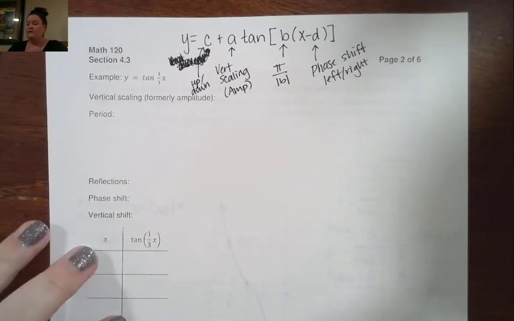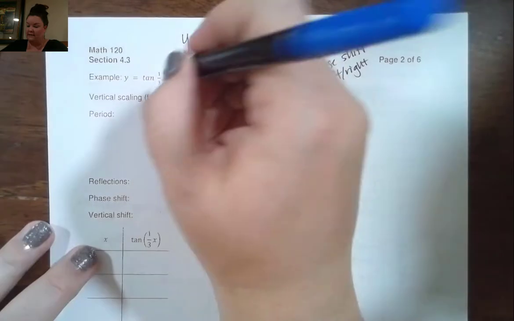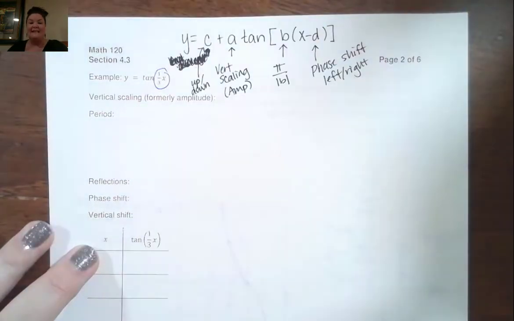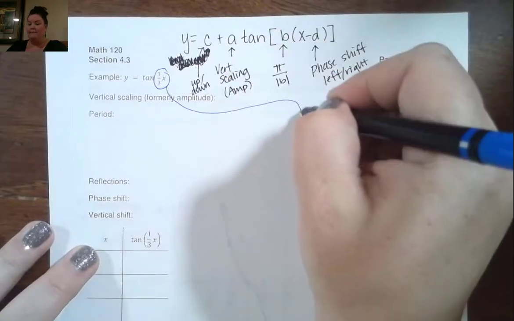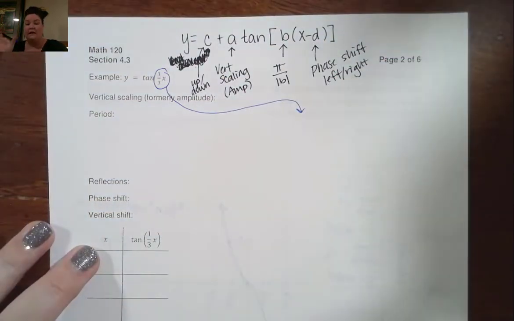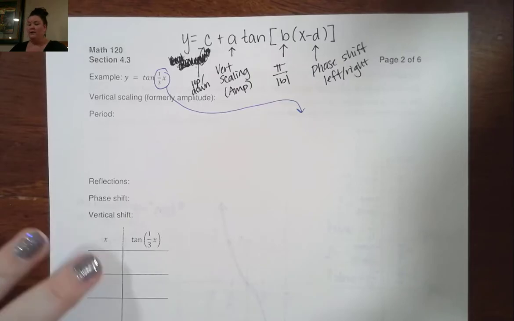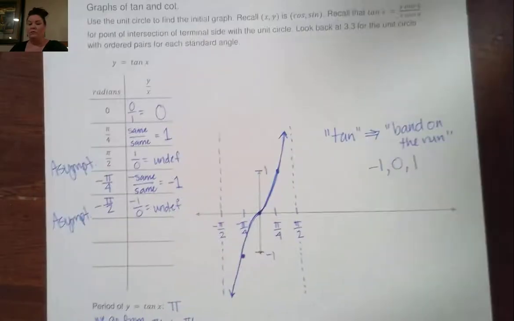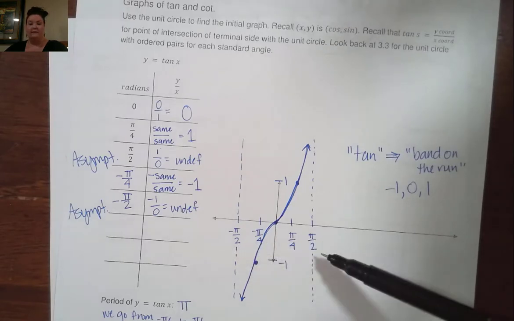Okay. First thing I want to do is determine how we need to adjust our x's. So I'm going to take whatever is inside that tangent function and put it between what I know to be our normal tangent cycle, right? If you look back on the other page, our normal tangent cycle goes from negative pi over 2 to pi over 2.